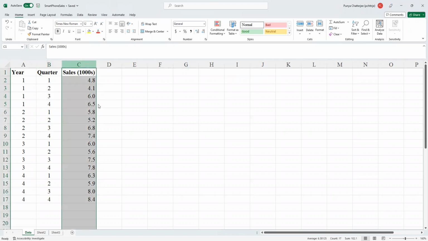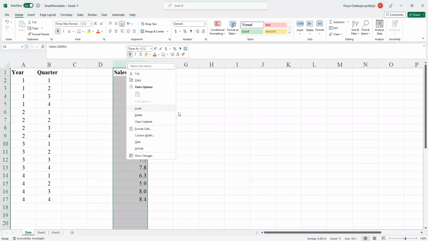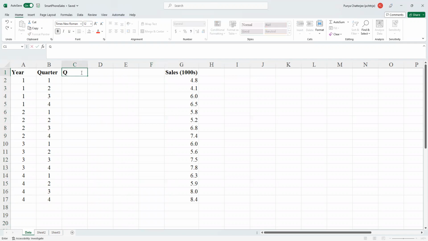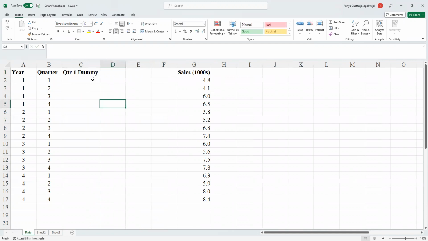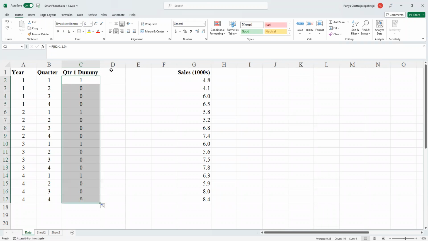So let's create those dummies. I'm going to insert 4 columns and then we'll go from there. First, quarter 1 dummy: it's going to be 1 if the quarter equals 1, otherwise it's 0. Again, you just fill it up.